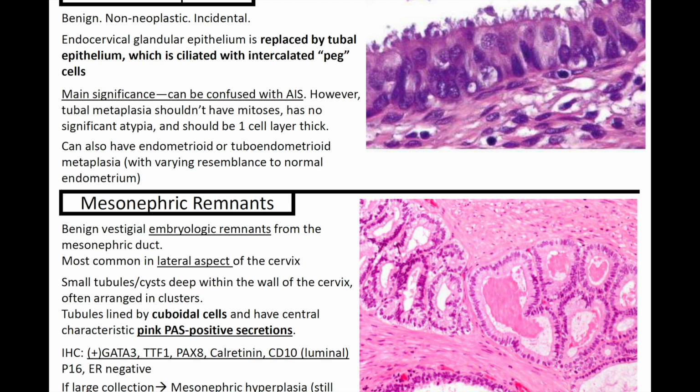The tubules are lined by cuboidal cells that can have central characteristic PAS positive secretions as shown here. And for IHC, they will stain with GATA3, TTF1, PAX8, calretinin, and CD10, and they'll be P16 and ER negative. If there's a large collection, this is mesonephric hyperplasia, but it still maintains lobular growth throughout.